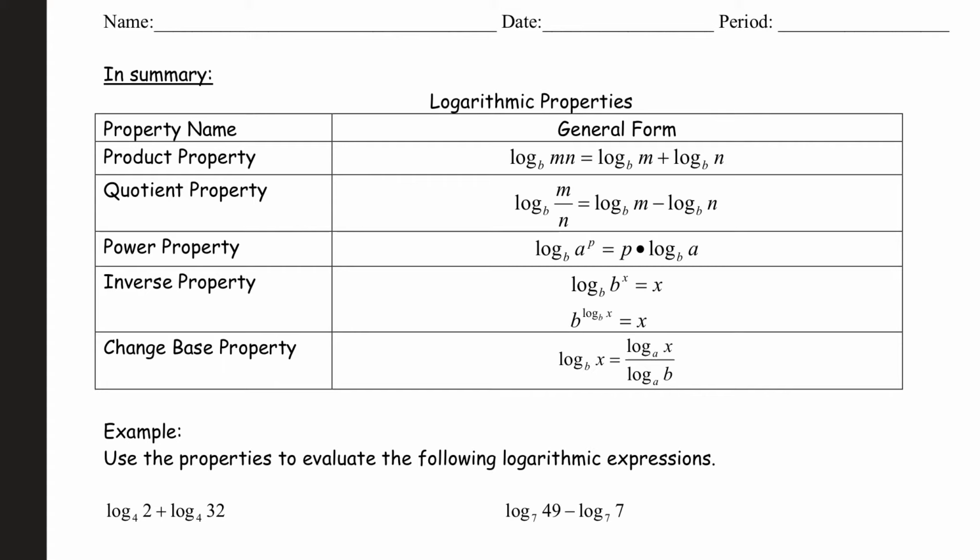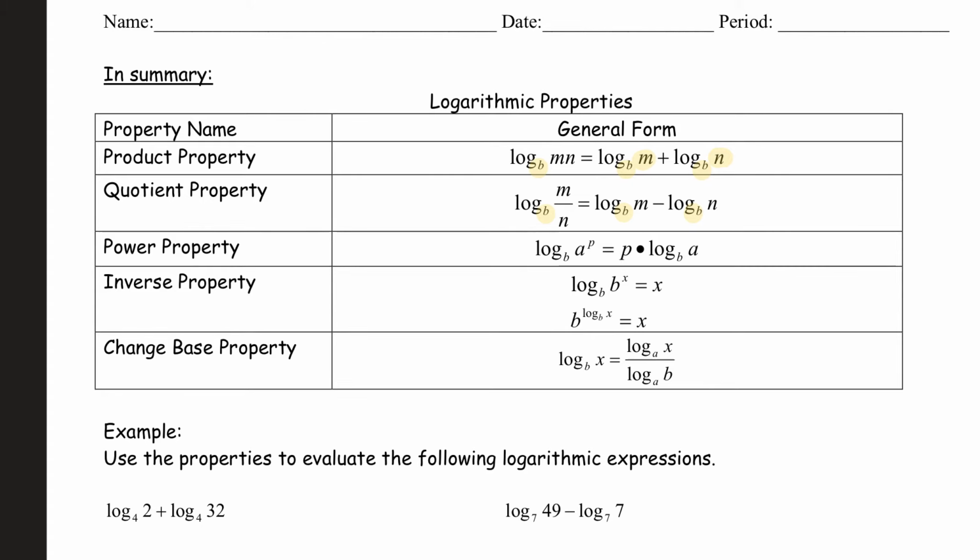To summarize, remember we have the product property. They have to have the same base, and if they have the same base, you can multiply the m and the n and go vice versa. The second is the quotient property, and remember it has to have the same base. If you're subtracting, log base b of m minus log base b of n, you can divide.